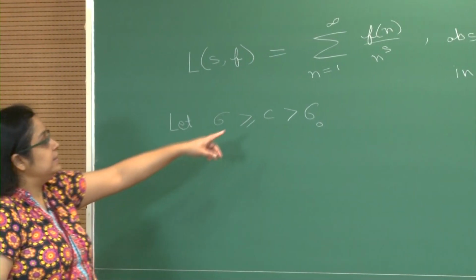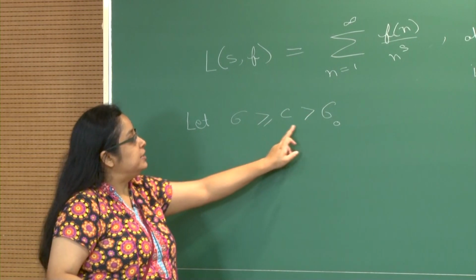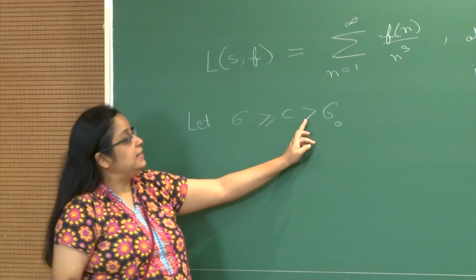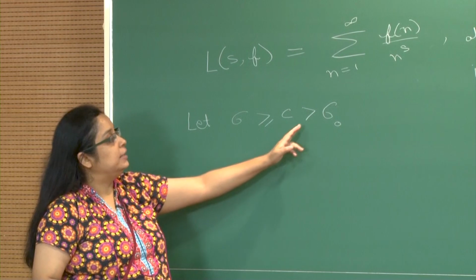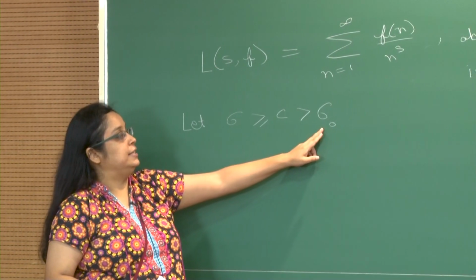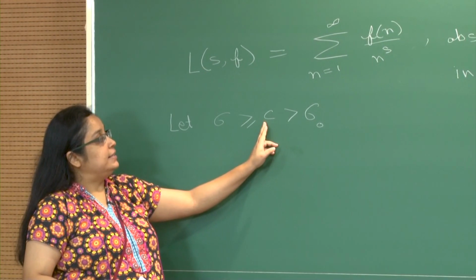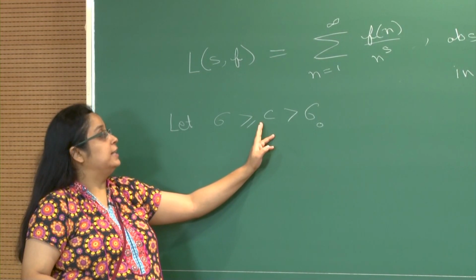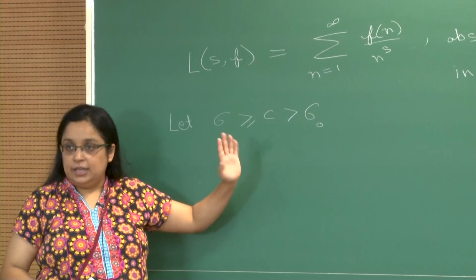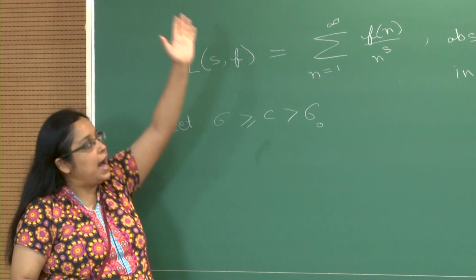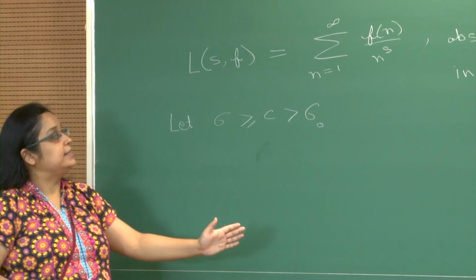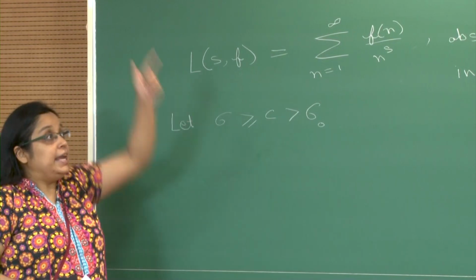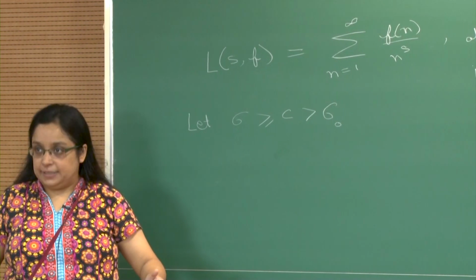Since this series is absolutely convergent in the half plane where the real part is strictly greater than sigma 0, it is absolutely convergent when the real part of s is greater than or equal to c. That follows. So, all we want is a half plane where the series is absolutely convergent, including the boundary of the half plane.